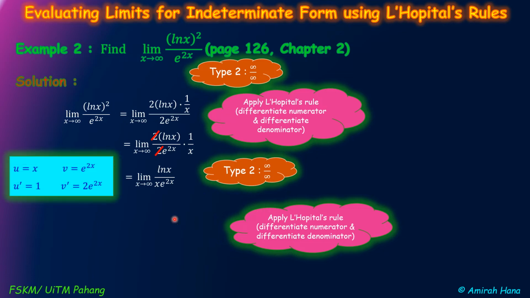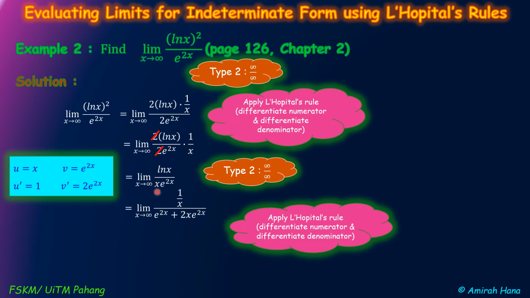And then we differentiate the numerator. We differentiate ln x, so we have 1 over x. Then we differentiate x e to the power of 2x. This is a multiplication, so we need to use the product rule to differentiate.